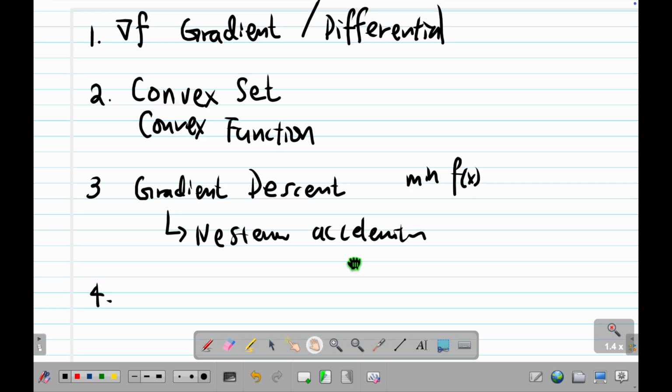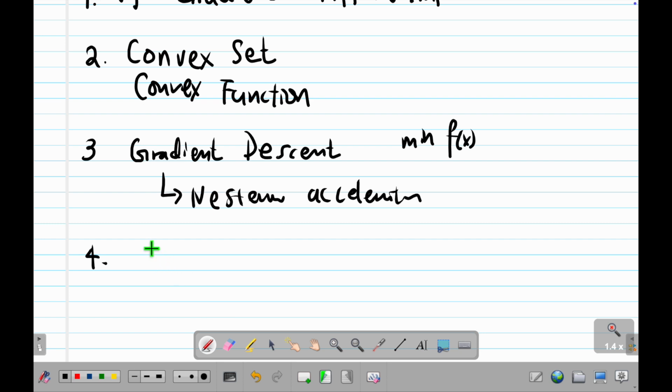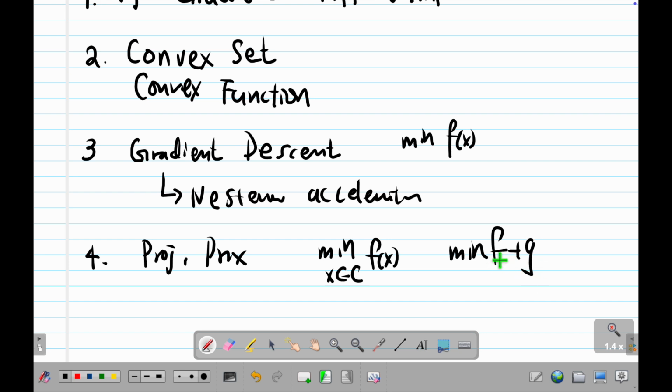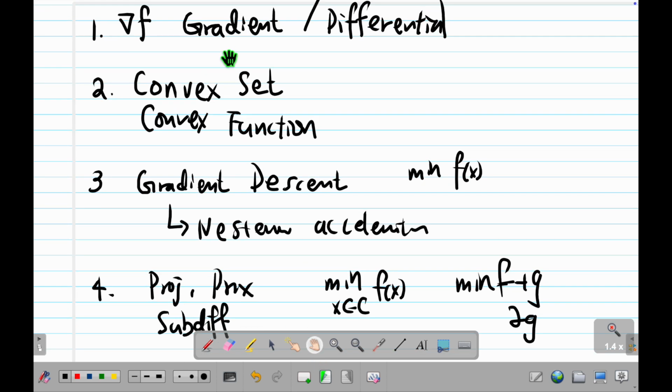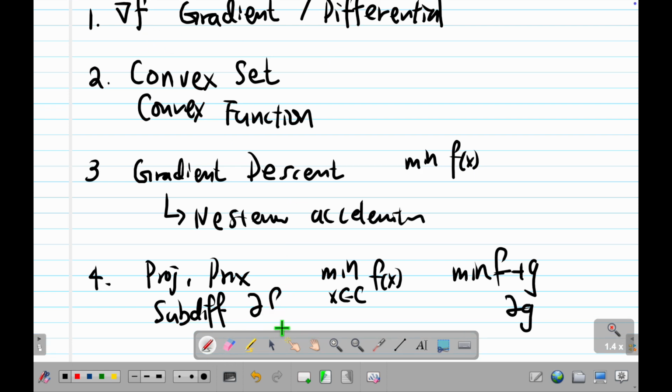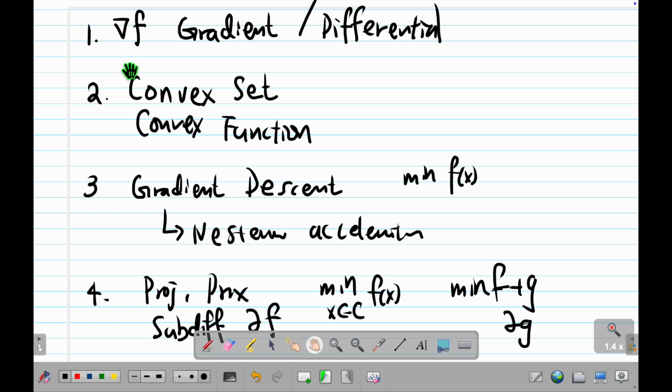What we will go to first, it will be what? We will go to projection and prox, for what? For min over x in C, or min f plus g, where g cannot be differentiated. So this will also give us the subdifferential, which is actually what? The complicated version of 1. So this is a complicated version of 1. So at 4 we go back to 1.